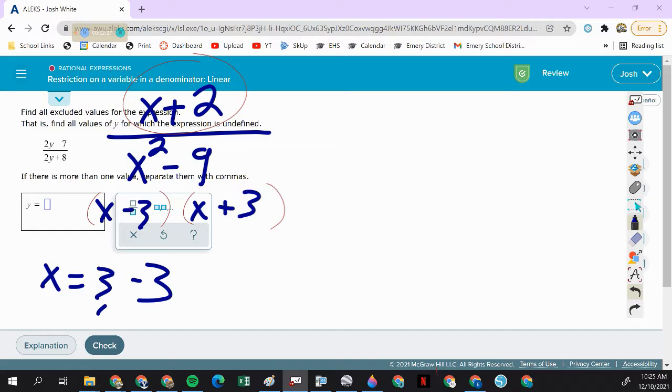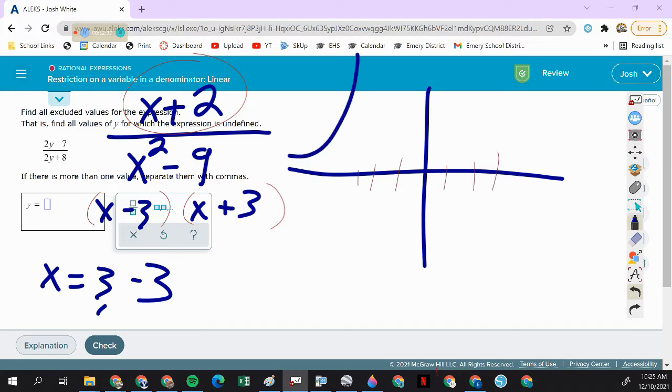Okay? Those two numbers break the function. And if you were to look at the graph, it would look something like this. It would look like something like that. There is no graph at 3, and there is no graph at negative 3. And we'll talk about how to graph those later.